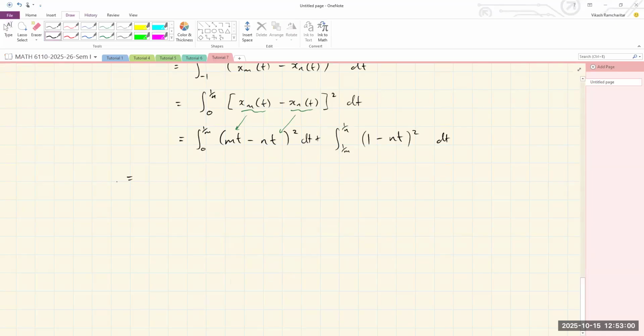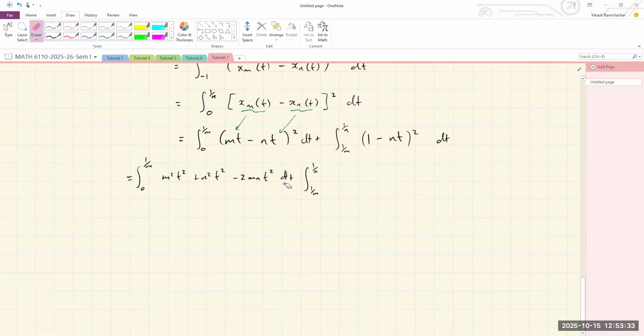So let's expand it out and then we'll integrate it. So 0 to 1 over m. Let's expand this. So this is m squared t squared plus n squared t squared minus 2mn t squared, dt. Okay, plus the integral from 1 over m to 1 over n. Let's expand this out.